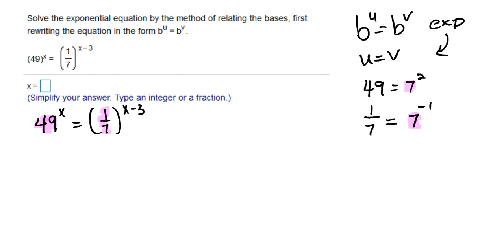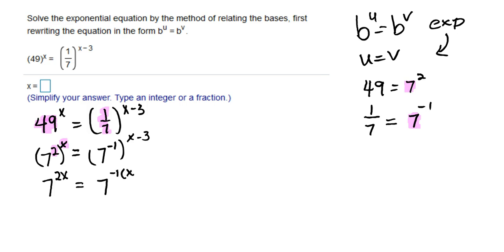So let's make those changes. 49 is 7 squared. 1/7 is 7 to the negative 1. Then I'm going to use my power rule for exponents and multiply these powers together. So that's going to give me 7 to the 2x equals 7 to the negative 1 times x minus 3.